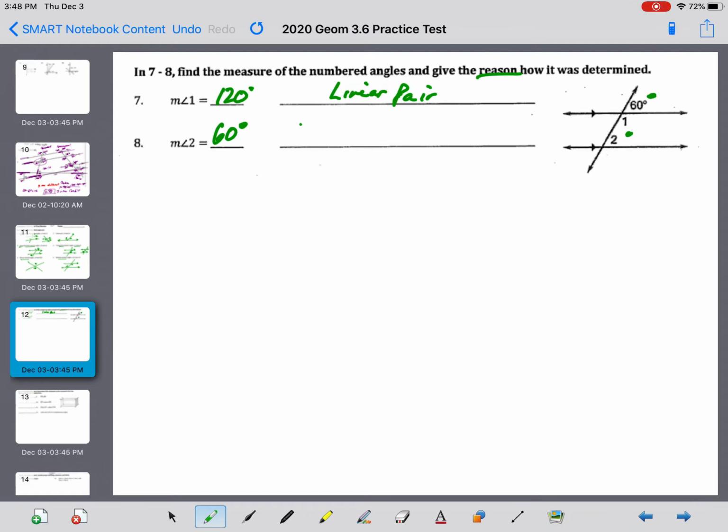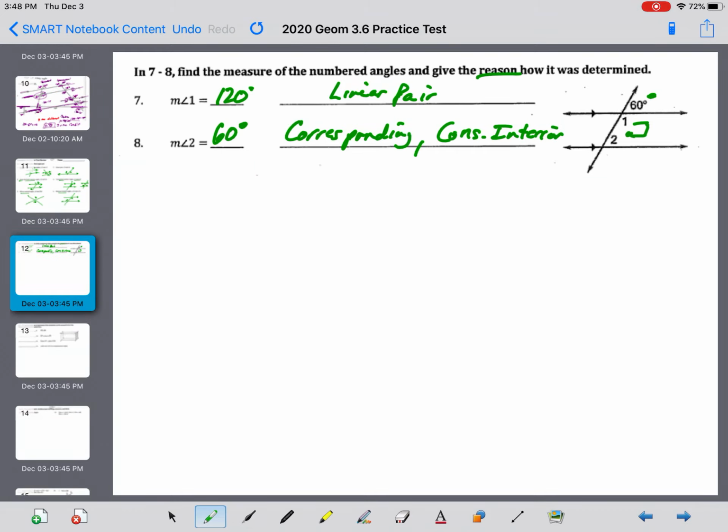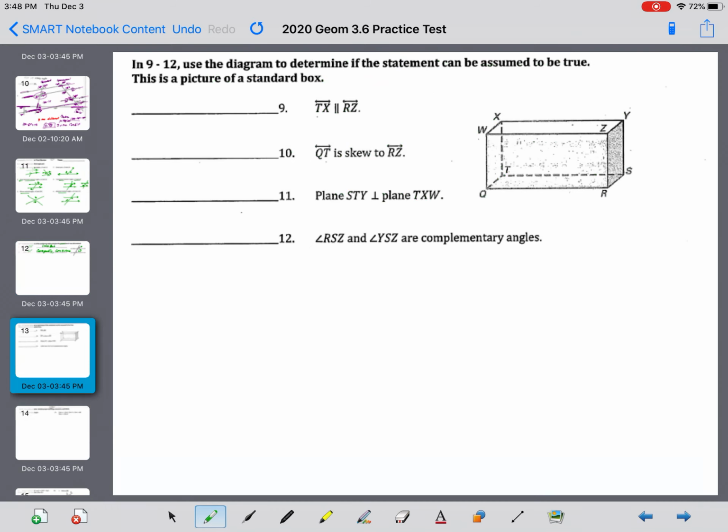And you could do this two ways. You could think of it as a corresponding angle to that 60, so you could put corresponding for your reason. Or you could think of 1 and 2 as being CIAs, and put consecutive interior for your reason. Okay? So you just have to name the type of angle you were thinking about.